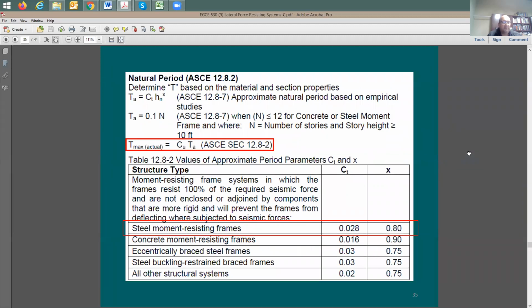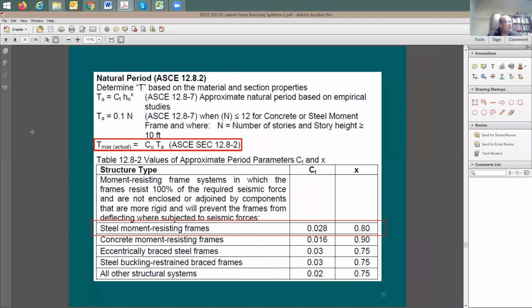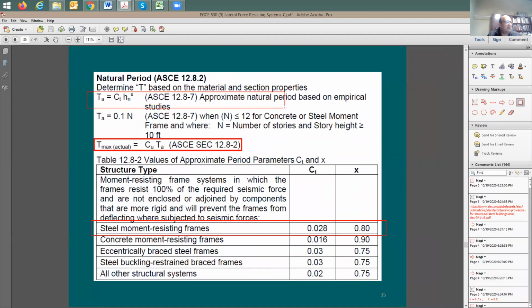And for the natural period, for now, in your determination of the seismic forces, we're going to be using this equation. We're going to say that the approximate natural period used in our analysis is equal to C sub T times Hn to the X. The story height in our case is 14 feet times 3, so Hn is equal to 14 times 3.